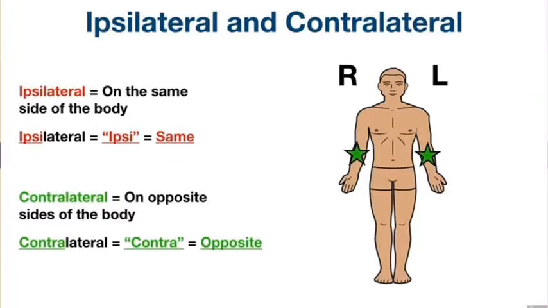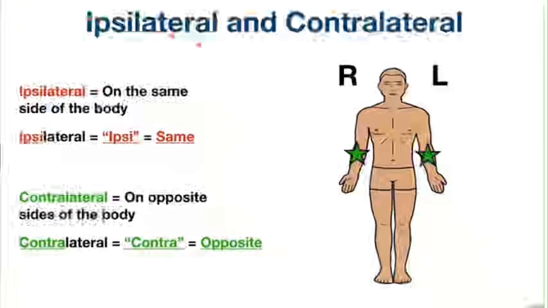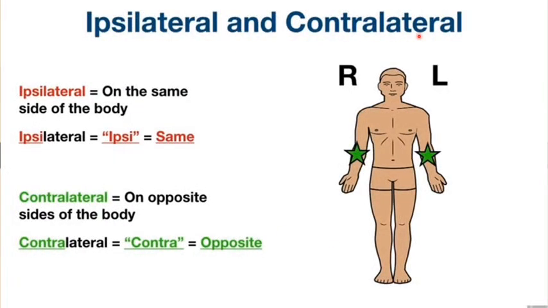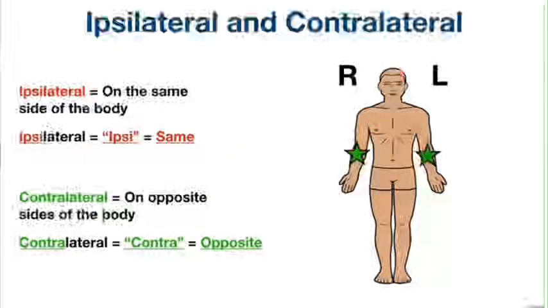Now, another term, ipsilateral and then contralateral. It's a bit confusing, but it's very easy to understand. For example, if a patient has a brain tumor on the left side of the brain, and the weakness is on the right side, then you say that there's contralateral weakness.